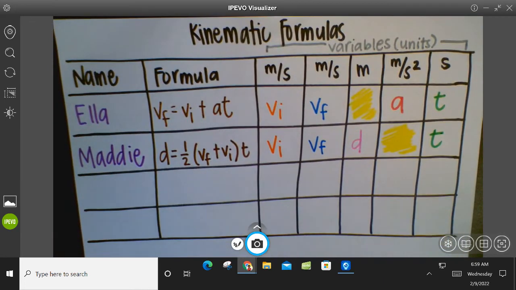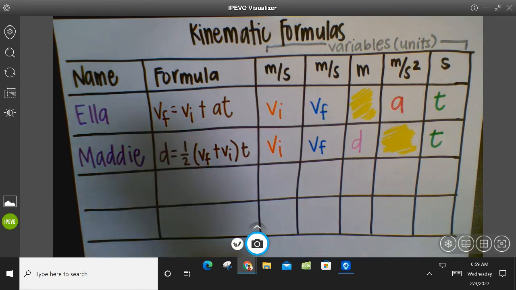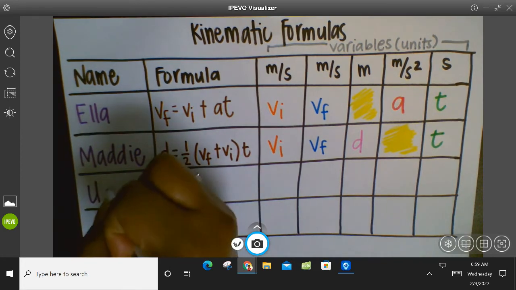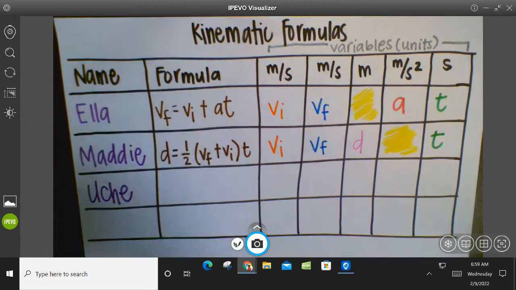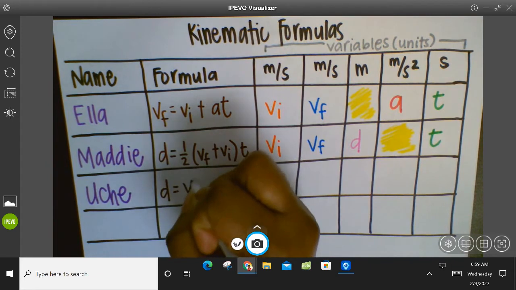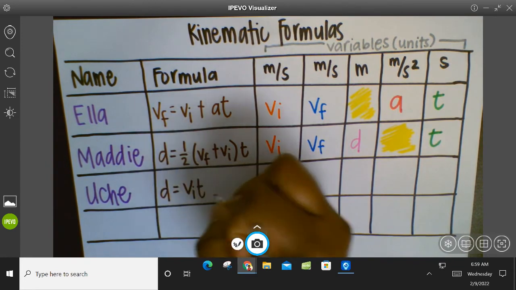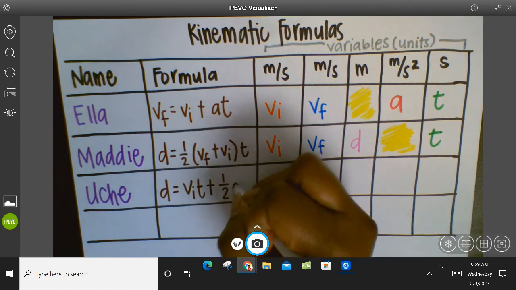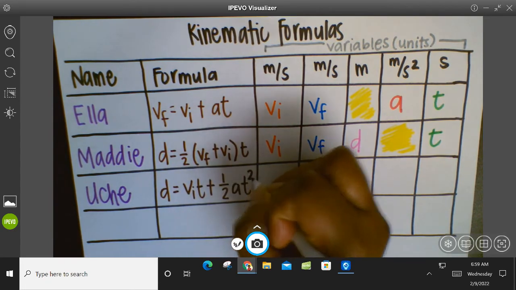All right, so that's the second formula. That is Maddie. All right, the third formula that we have, we're going to call Uche. Okay. And that formula is distance equals initial velocity times time plus 1/2 acceleration times time squared.